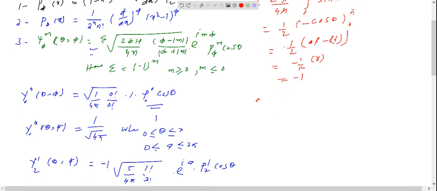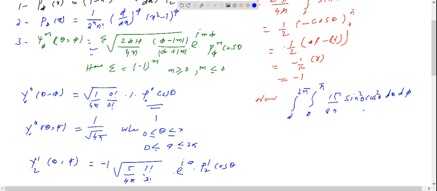And now again we have the function, the integral from 0 to 2 pi and 0 to pi of 15 out of 8 pi, sine square theta cos square theta, d theta and d phi.